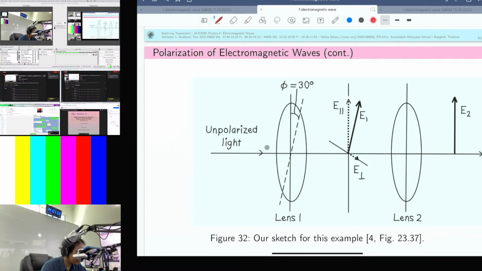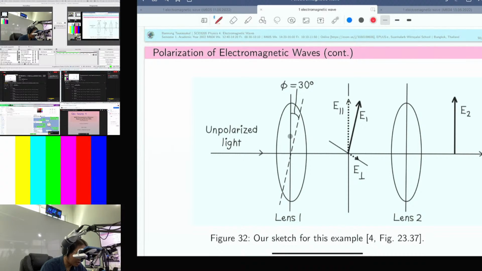It has different orientations of the electric field, as you know before. And for the first lens, this is your eyeglasses, the polarizing axis is arranged 30 degrees deviated from the vertical line.